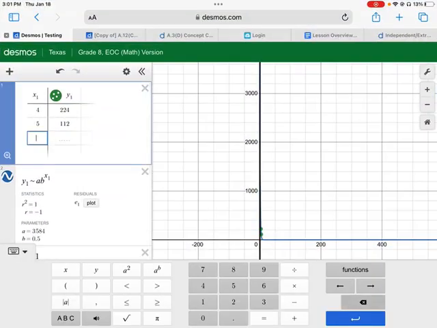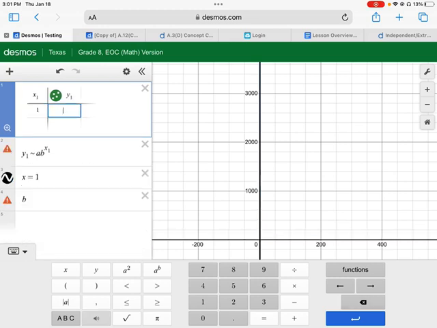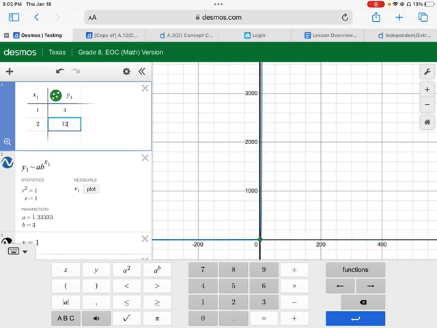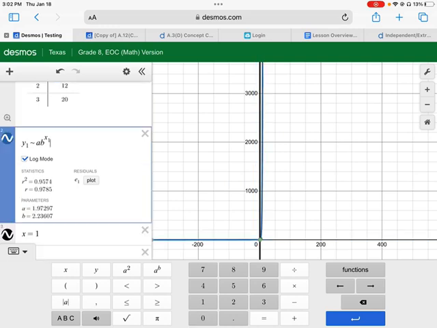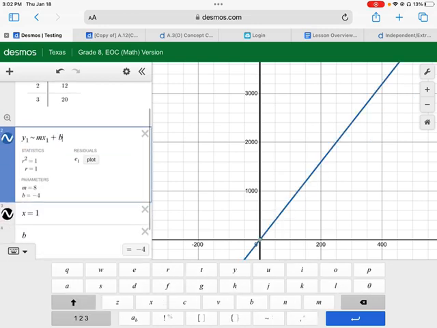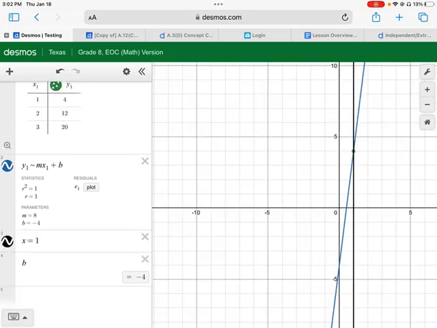Let me see. I've got 1, 4, 2, 12, and 3, 20. And I want to go back to mx1 plus b. Since this is arithmetic, it's adding. Zoom back in. Arithmetic doesn't grow as fast. That's another way you can tell. Arithmetic does not grow as fast.